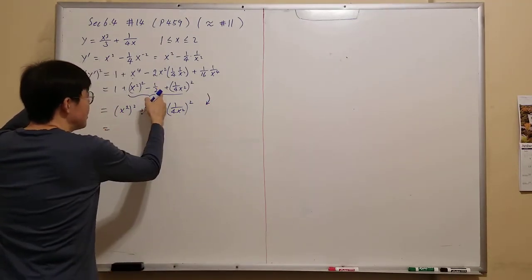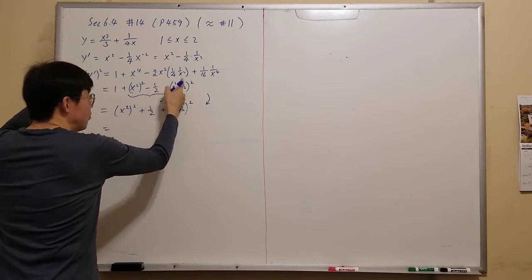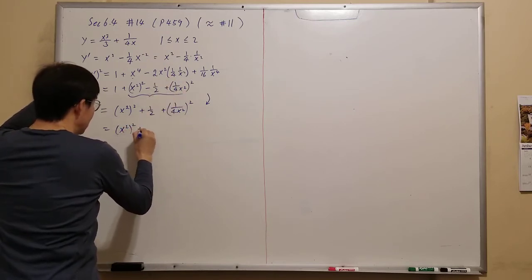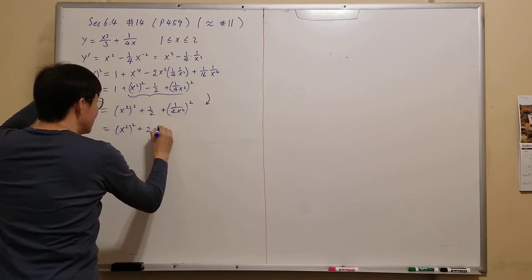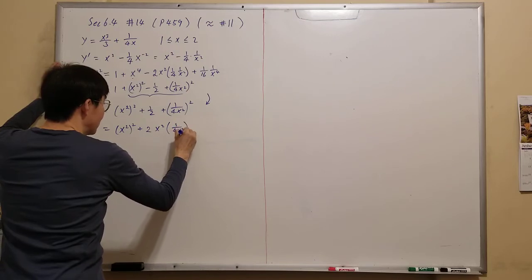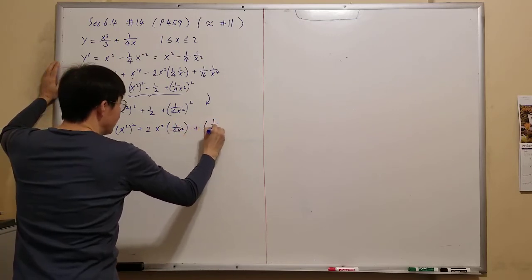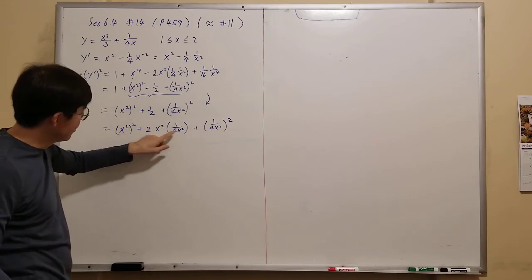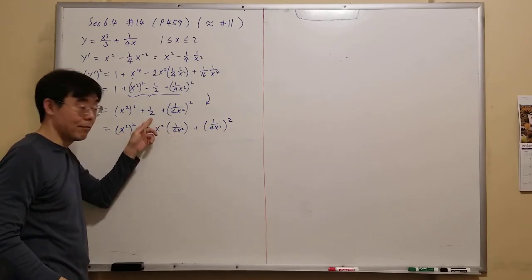So, how did you get this constant? By having cancellation, right? I can rewrite this one as 2 times x squared times 1 over 4x squared plus 1 over 4x squared, squared. See? x squared cancels, 2 and 4 cancel, giving 1 half, right?